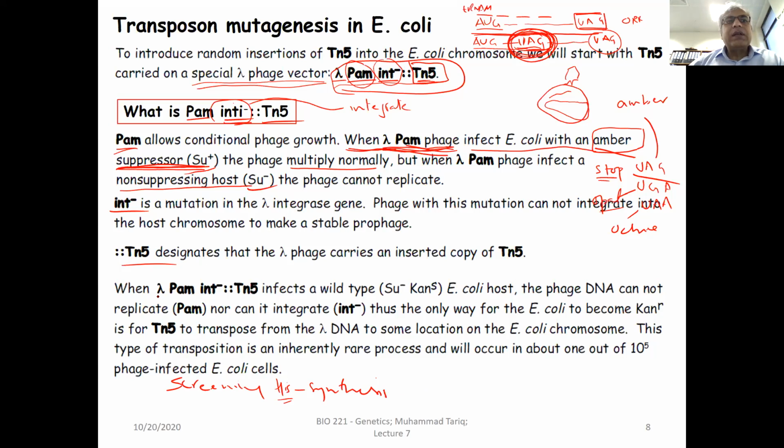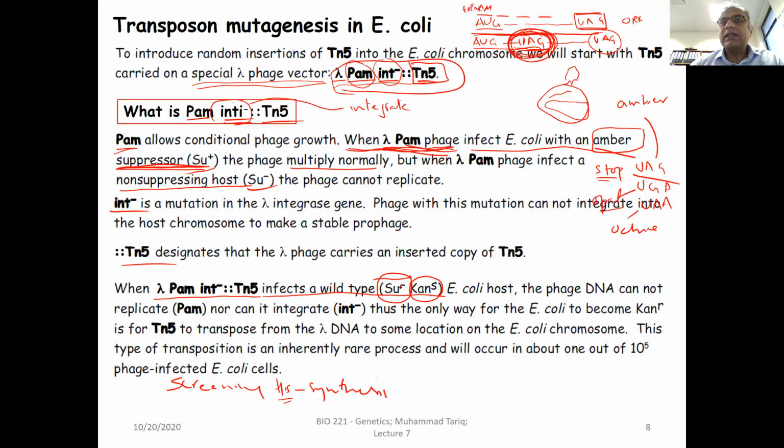We use a bacteriophage which carries this genotype together with the Tn5 transposon. And when this will infect E. coli, which is sensitive to kanamycin, and also which does not carry the amber suppressor mutation.